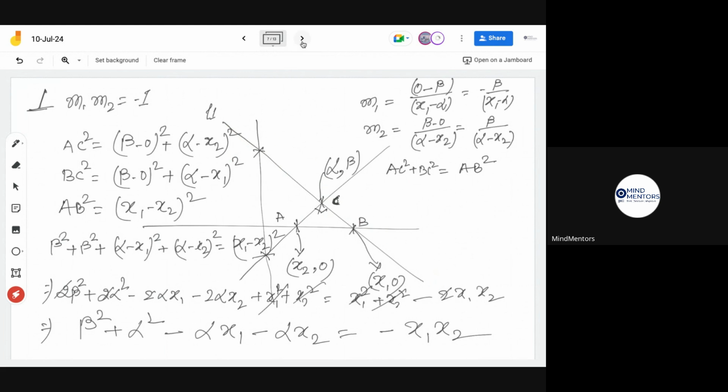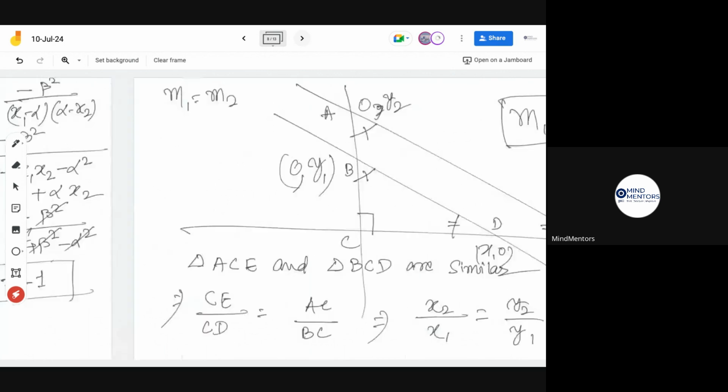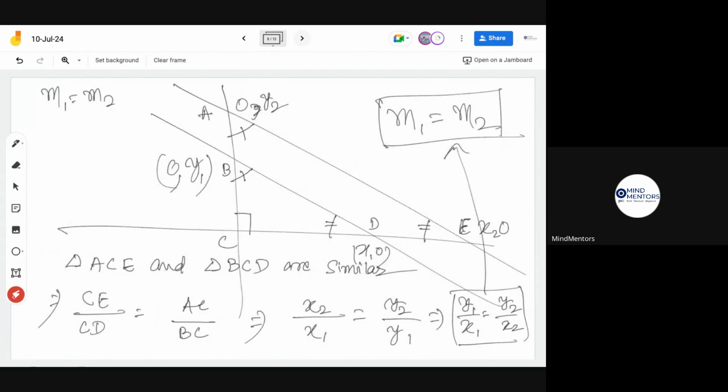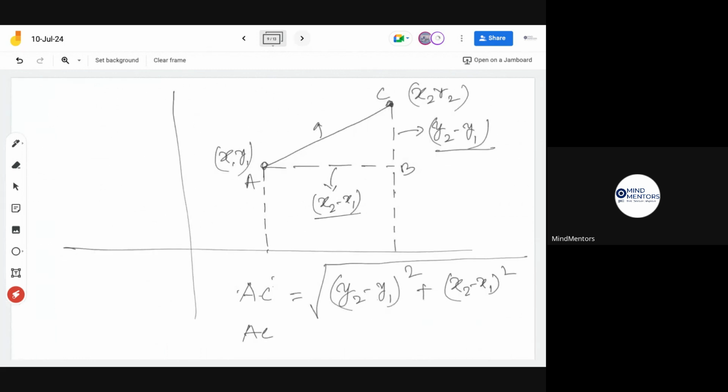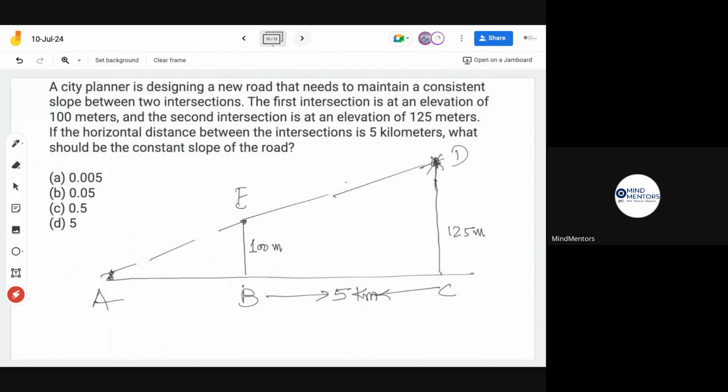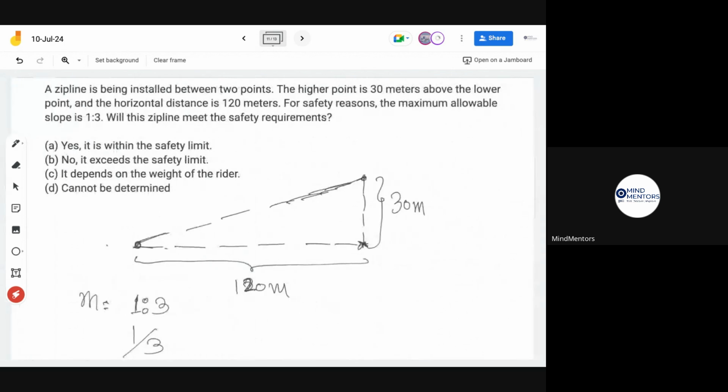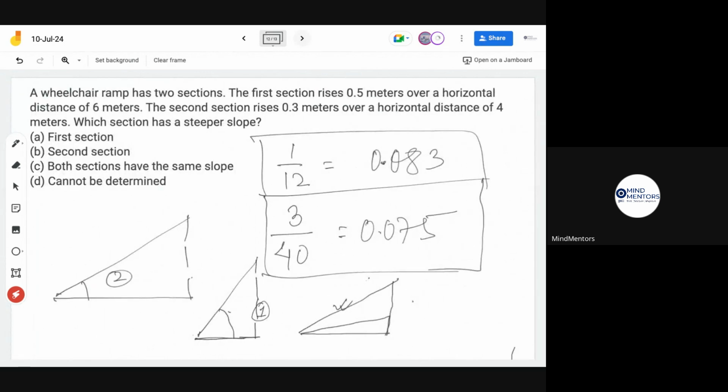So we did that proof of m1 m2, and we also did a proof for m1 equal to m2 if the lines are parallel to each other. We looked at the distance formula between 2 points, and then we did some questions related to these ramps, where our understanding of this line really came into picture.